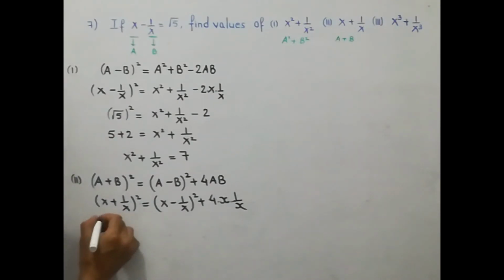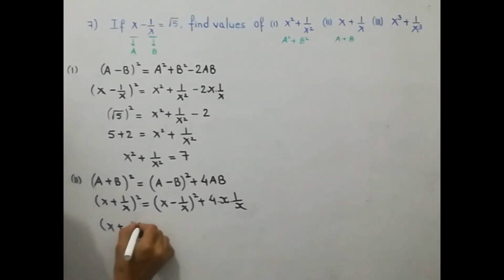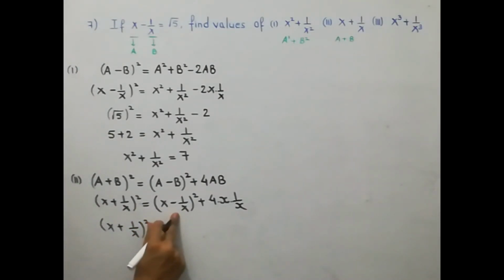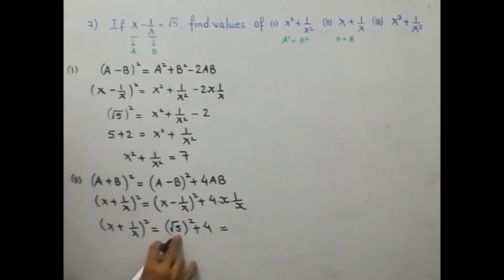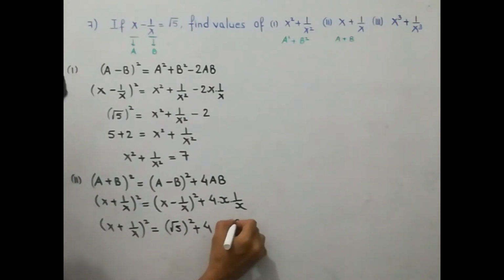This you have to find. This was given to us and x minus 1 upon x was given as root 5. So this will give you 5 plus 4, that is 9.